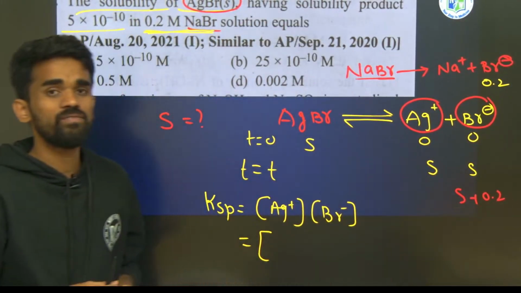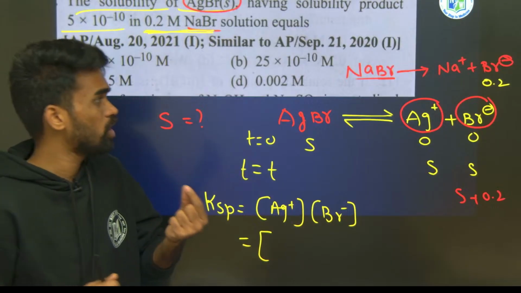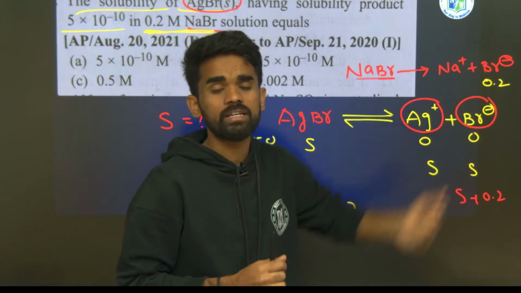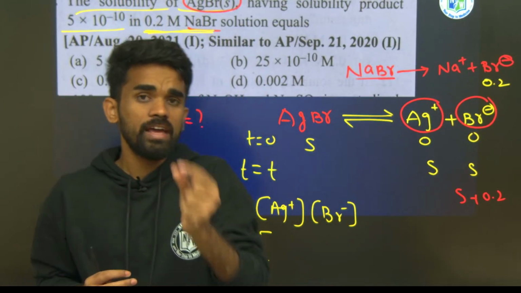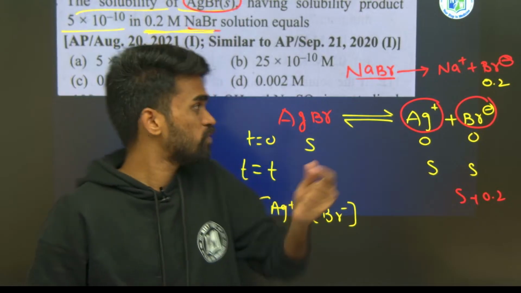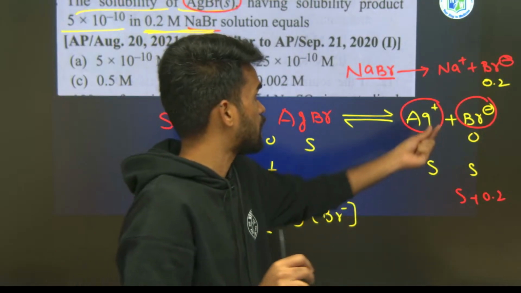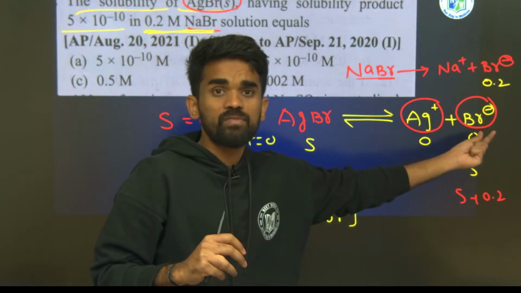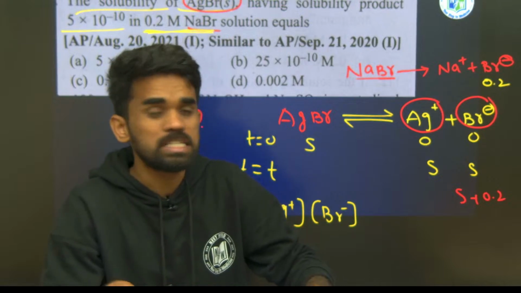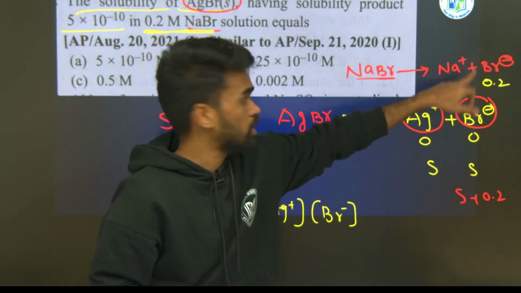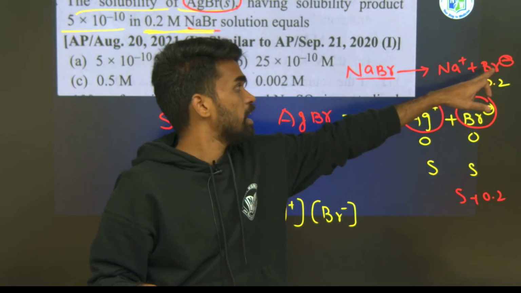Just remember, whenever you have a common ion from a strong electrolyte, the ion coming from the weak electrolyte will be almost negligible when we compare it with the concentration of that ion from the strong electrolyte.